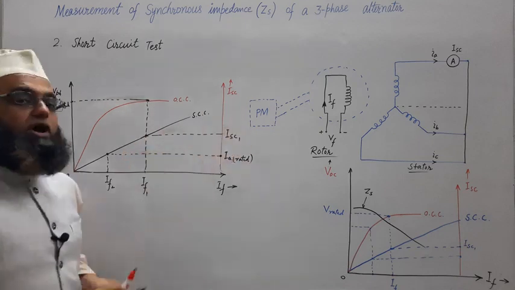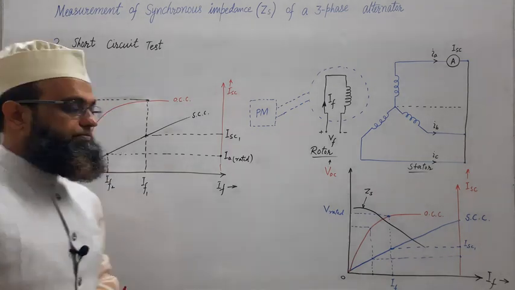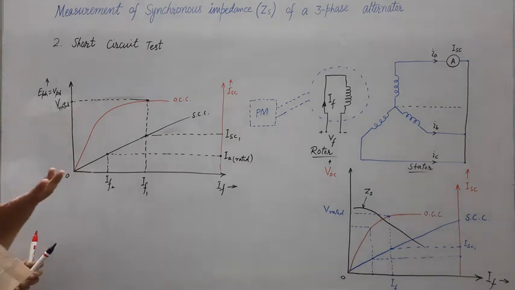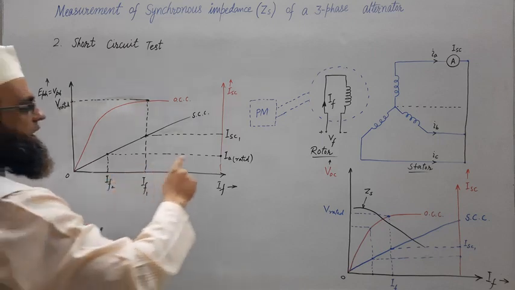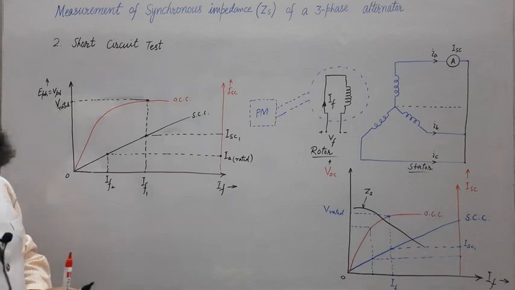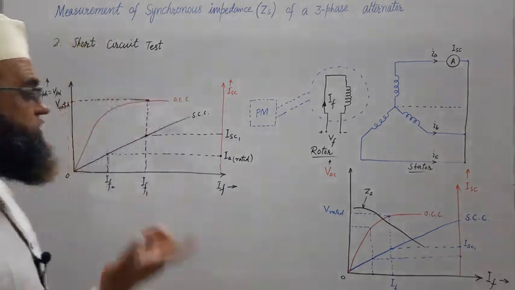Now observe carefully how questions are being asked in exams. In exams, out of these two field currents, IF1, IF2, and IA rated and ISC1, any three may be given directly or indirectly, and the fourth one you have to evaluate.